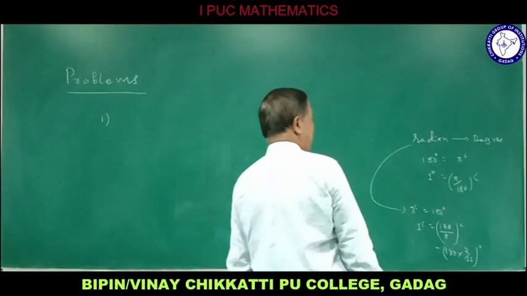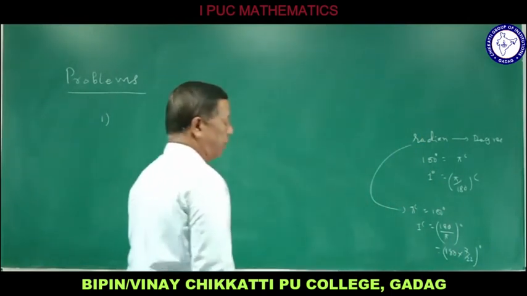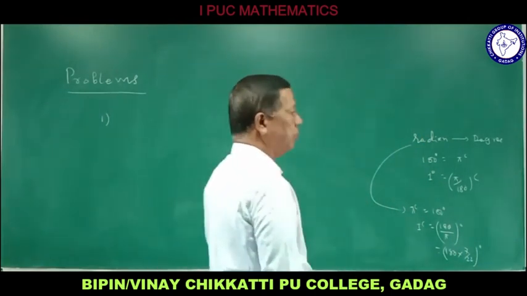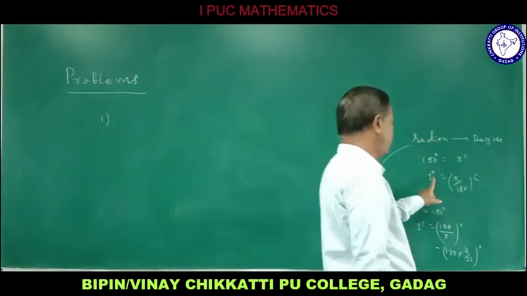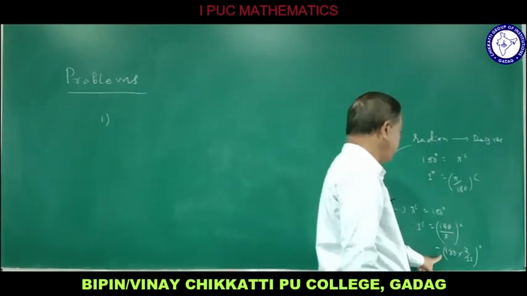This is the way we use conversion: this is degree to radian, this is radian to degree.